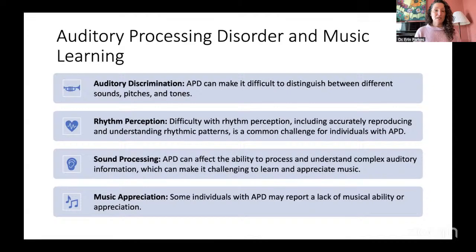Rhythm perception. So difficulty with rhythm and perception, including accurately reproducing and understanding rhythmic patterns, is a common challenge for individuals with APD. So it's important to remember here that there are no issues really in people with APD with reading rhythm or understanding rhythm. There could be, but it's not related to APD.